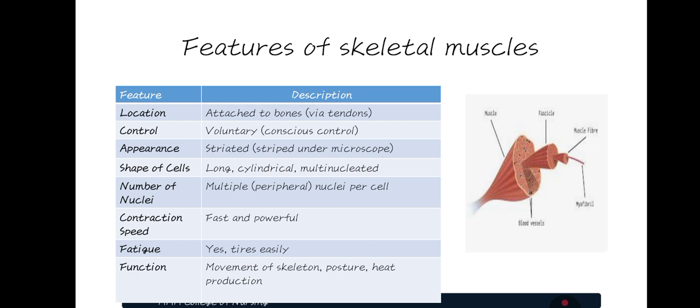The shape of cells: long, cylindrical, multinucleated; and the number of nuclei is multiple peripheral nuclei per cell; and contraction speed, that is fast and powerful; fatigue, yes, tires easily. The functions: movement, skeletal posture, heat production.